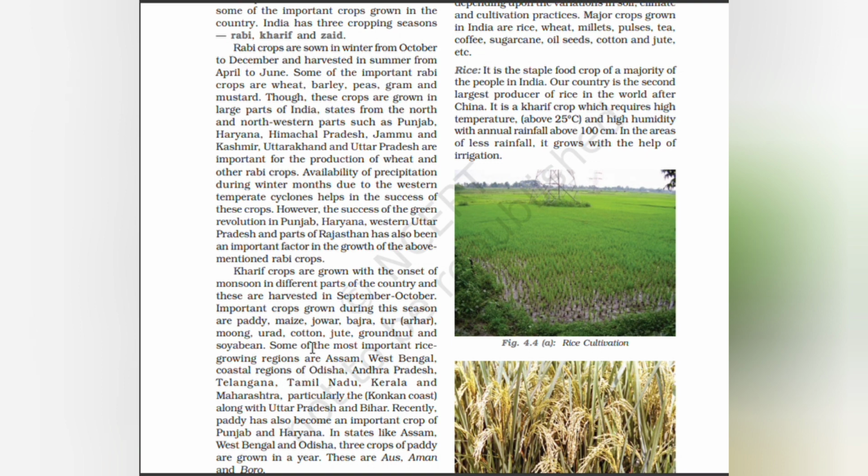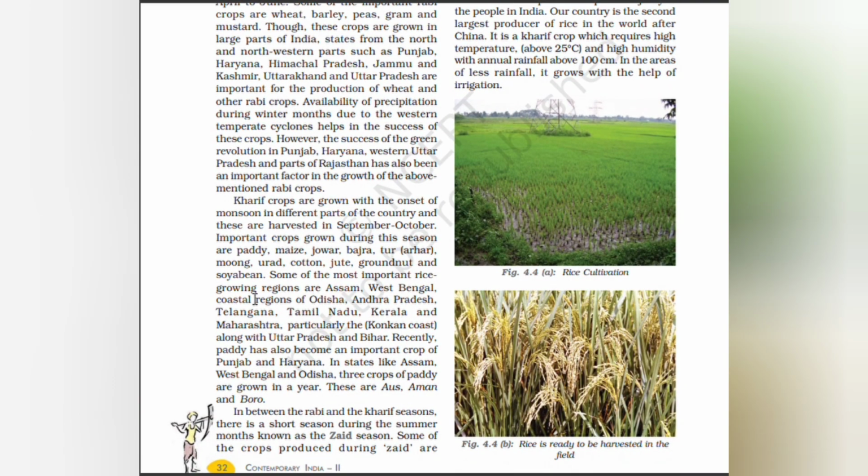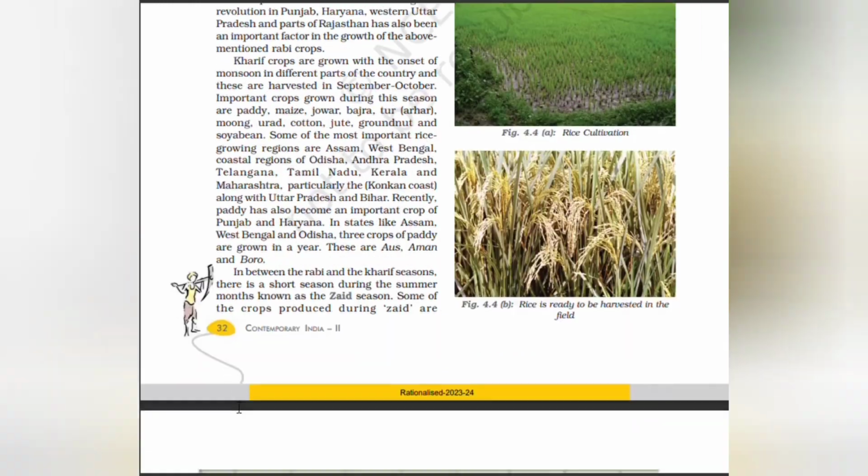Some of the most important rice growing regions are Assam, West Bengal, coastal regions of Odisha, Andhra Pradesh, Telangana, Tamil Nadu, Kerala, Maharashtra, particularly the Konkan coast, along with Uttar Pradesh and Bihar. Recently, paddy has also become an important crop of Punjab and Haryana. In states like Assam, West Bengal, and Odisha, three crops of paddy are grown in a year. These are Aus, Aman, and Boro.